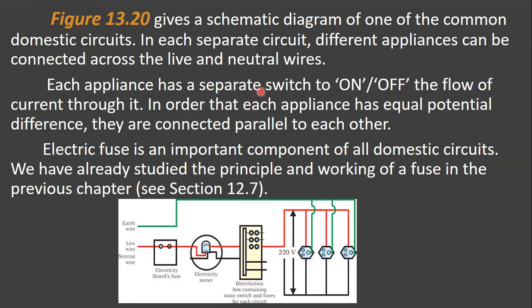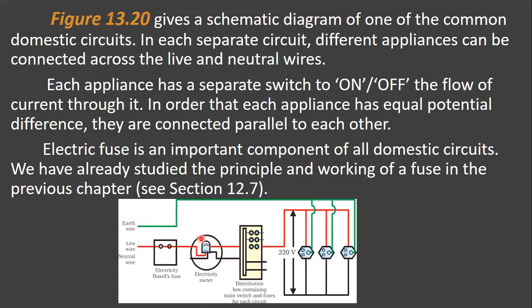Here each appliance has a separate switch to switch the flow of current through it on or off, and in order that each appliance has an equal potential difference, they are connected in parallel.